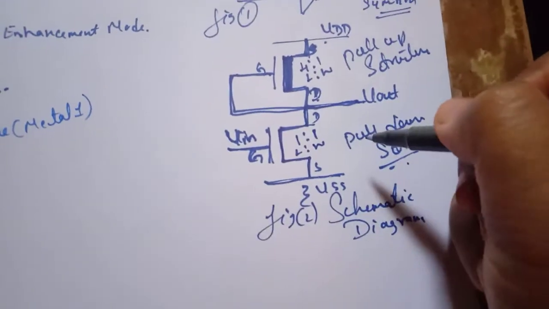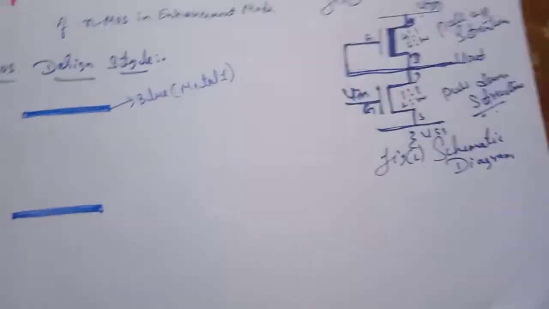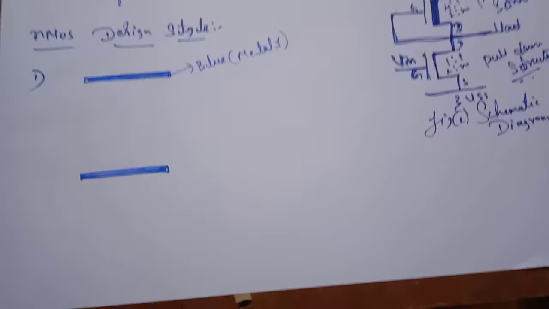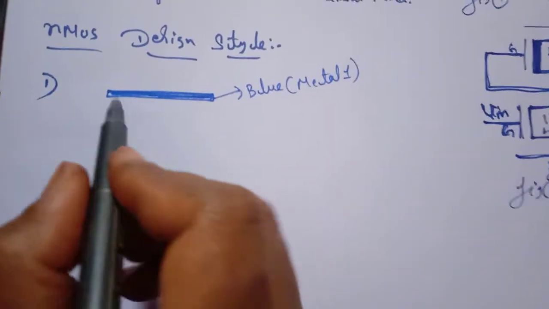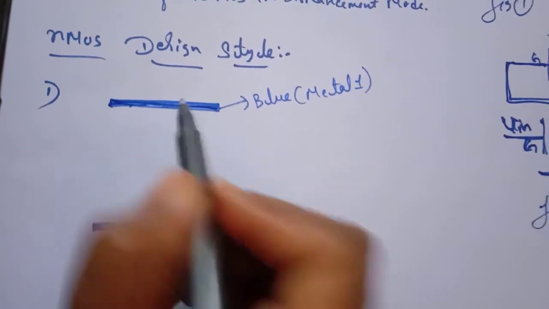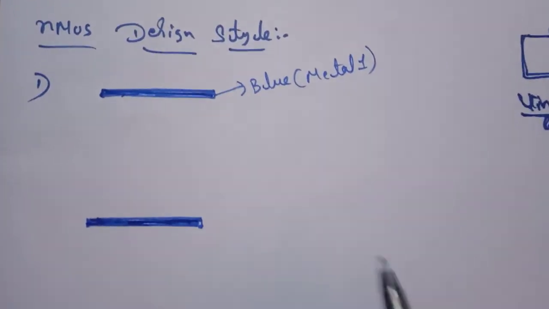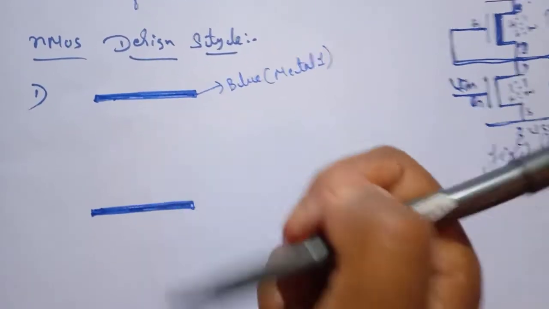Keeping figure 2, the schematic diagram, as a reference, we need to write a stick diagram. The very first step of writing a stick diagram in the NMOS design style is to select the blue color and draw two metal rails or lines parallel to each other, leaving a space between them.